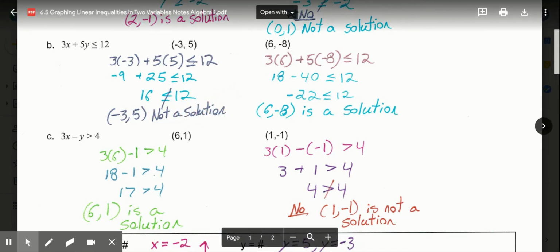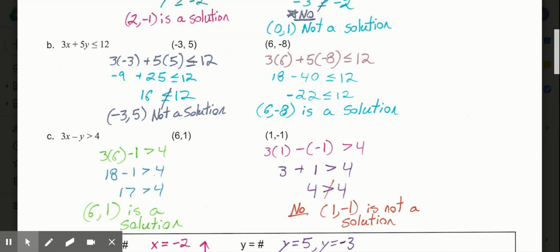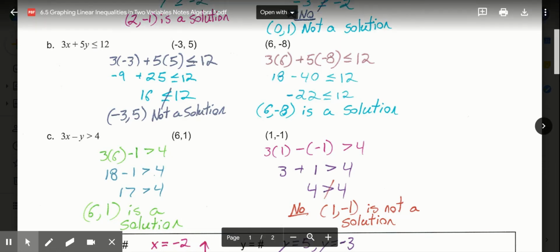Then we're checking 6, negative 8. We plug those in and get 18 minus 40 is less than or equal to 12. So negative 22 is less than or equal to 12, which is true. So 6, negative 8 is a solution.